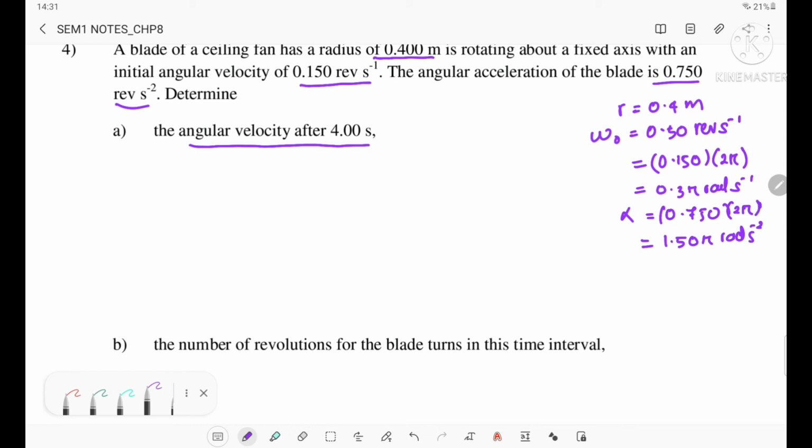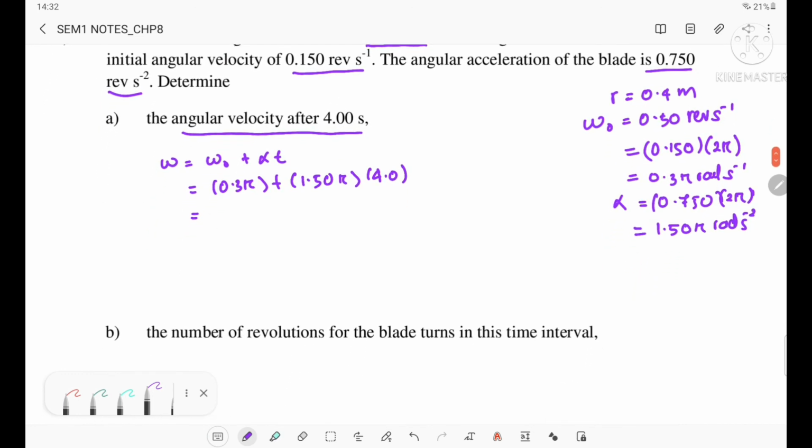To calculate the angular velocity, we use the equation omega equals omega naught plus alpha t, and omega naught is equal to 0.3 pi plus alpha is equal to 1.50 pi, and times t is 4 seconds. So omega, or the final angular velocity, is equal to 19.8 radian per second.